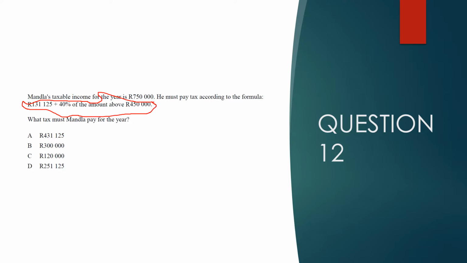In order for us to calculate Mandla's tax for the year, we should add 131,125 plus 40% of the amount above 450,000.